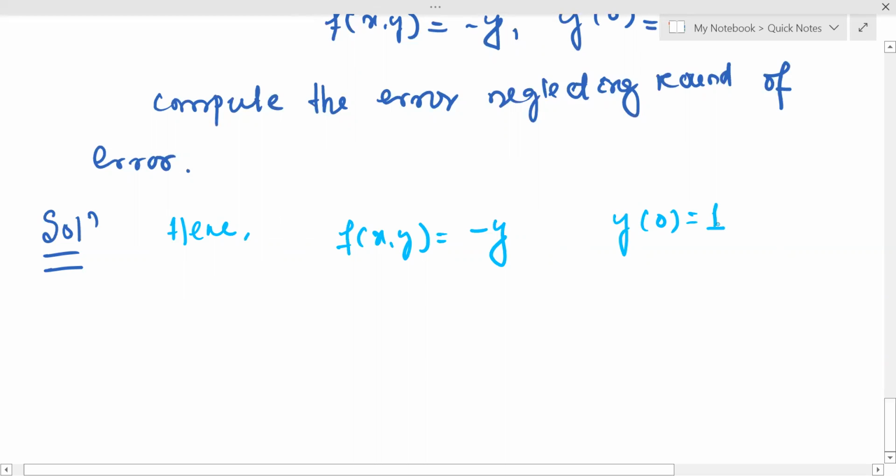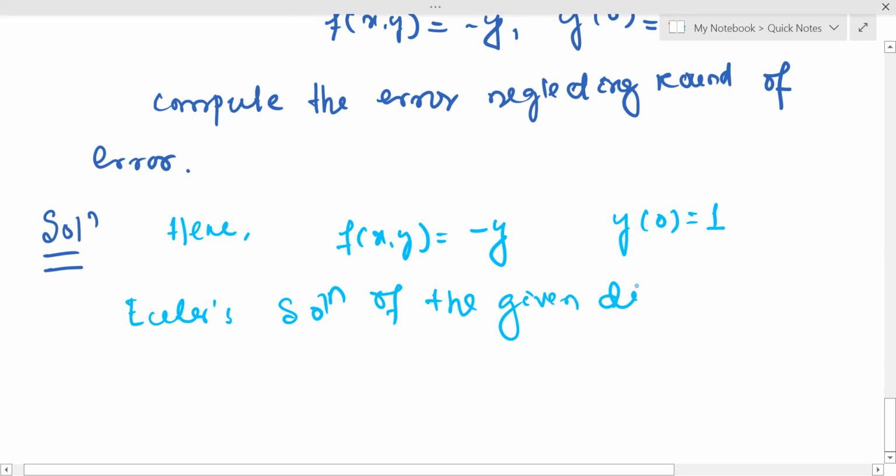This one is the given. Then we need to apply the Euler's solution of the given differential equation.